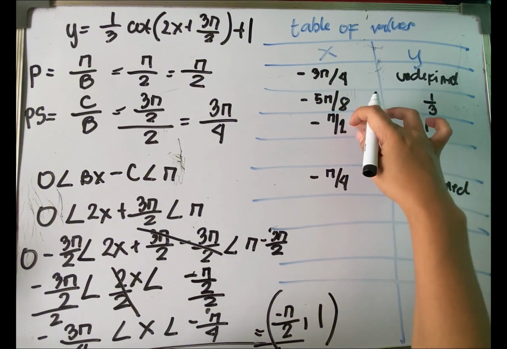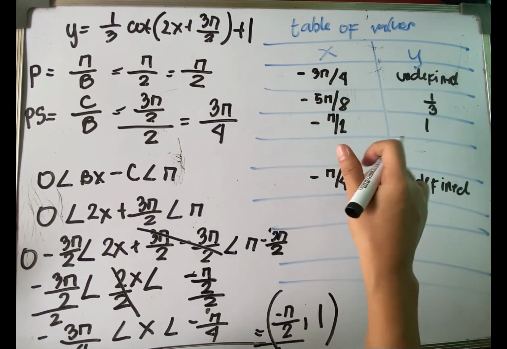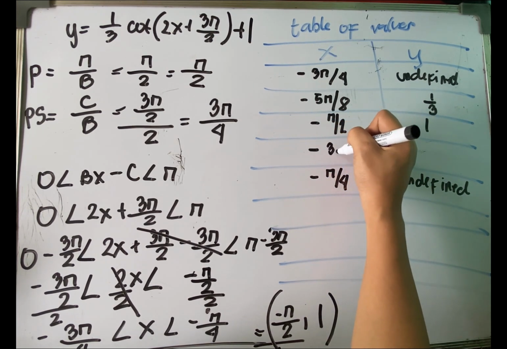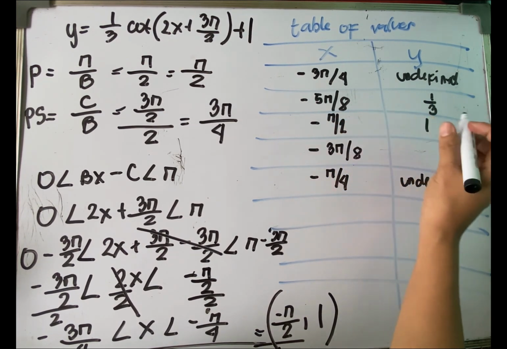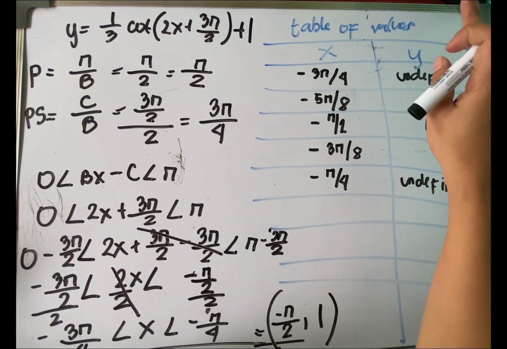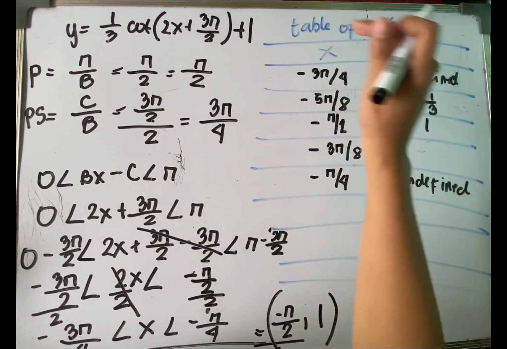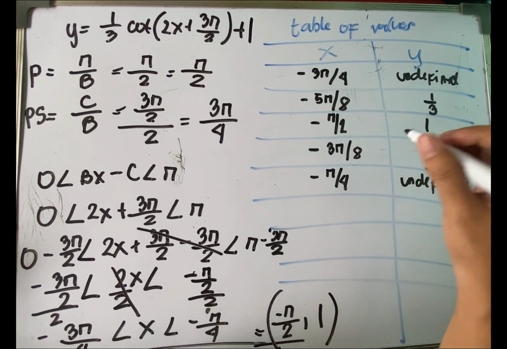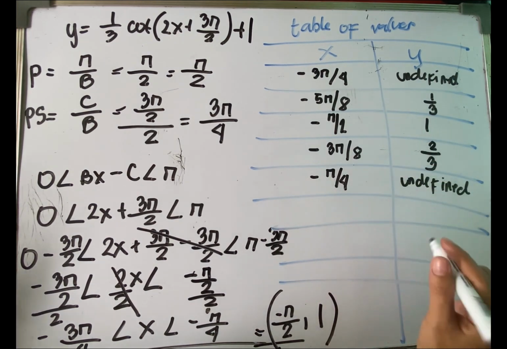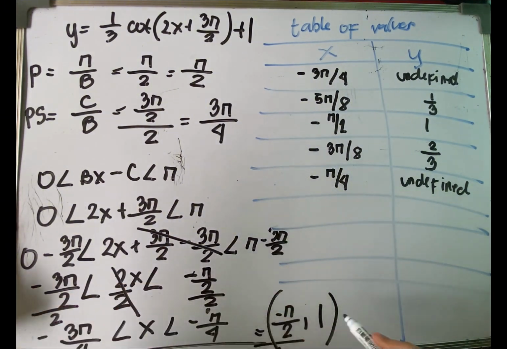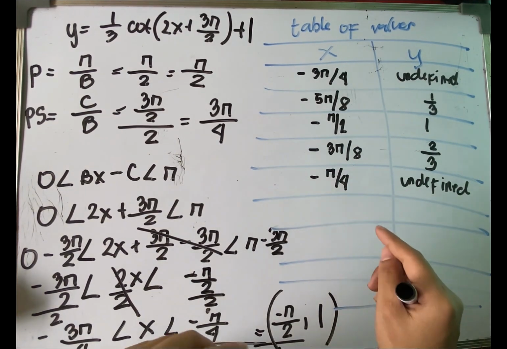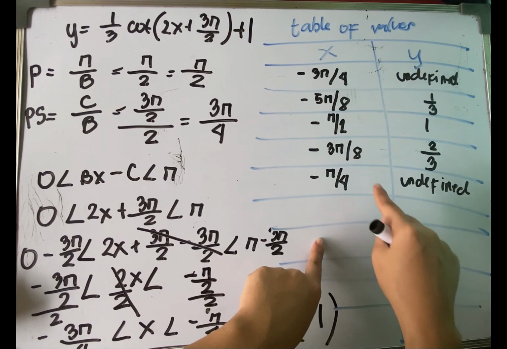Then we add these two again and divide by 2, so we get negative pi over 8, and 2/3. Now, by observing this first period, we already know the distance between is pi over 8.